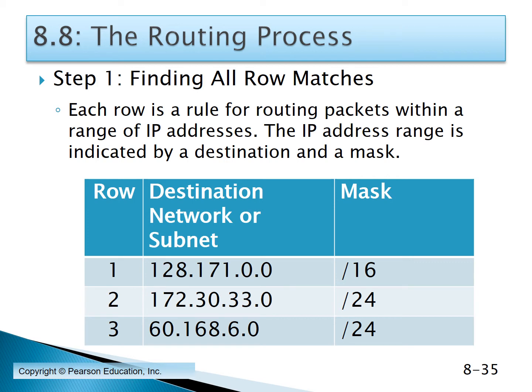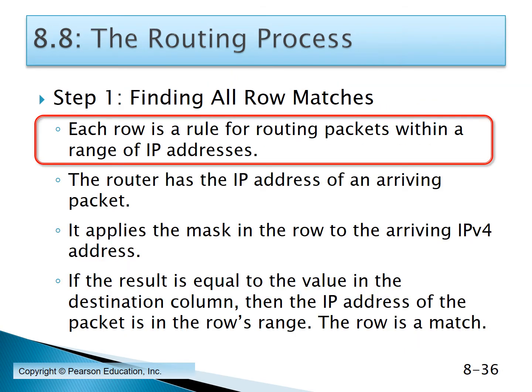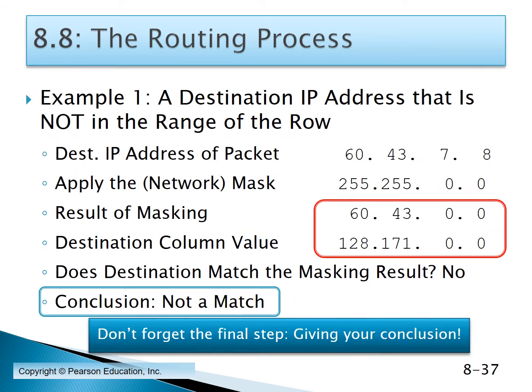For the second row, there are 24 bits, and we'll compare with these first 24 bits here. Again, each row is a rule for routing packets within a range of IP addresses. It's not one single IP address.